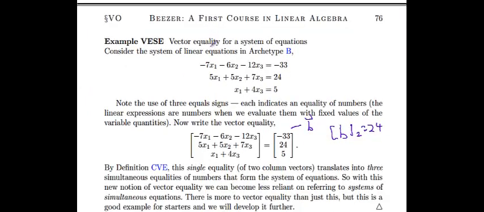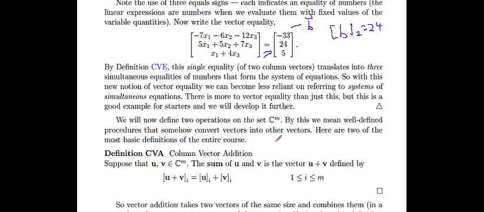Right, now we can write this system of equations as a vector equality. We're saying the vector on the right, consisting of these components, is equal to the vector on the left, consisting of these three components. So now we have a single equality instead of three equalities. It's called a vector equality.